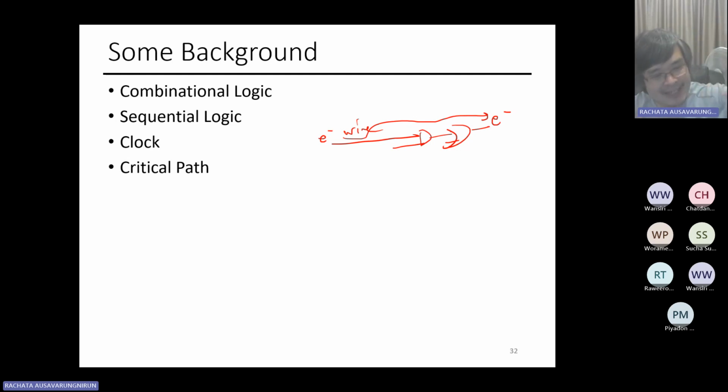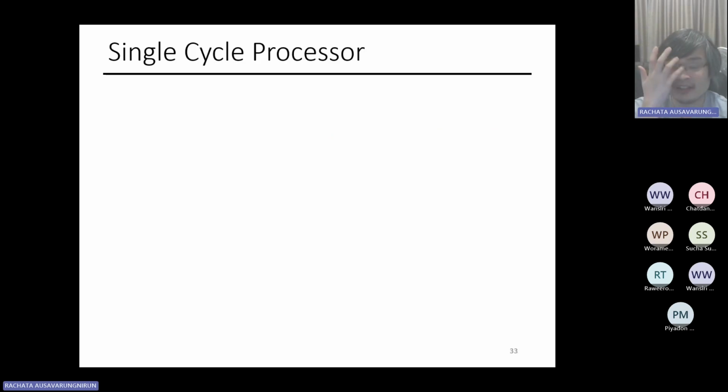Basically, if I change the input value, when do I see the result? The critical part is the part that takes the longest time. Why is this important? Because this dictates how fast I can clock. Before I clock to the next action, I need to make sure the electrons get all the way from the input to the output. So the critical part dictates how fast I can clock.